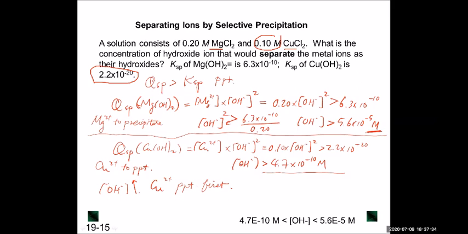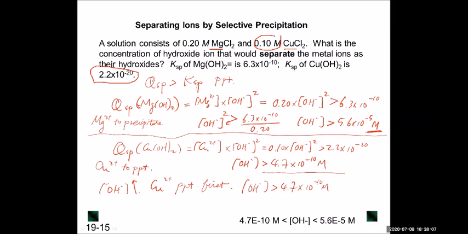And that's why the answer is we need to keep the copper, since copper precipitated first, let's make the copper precipitate. And that requires the hydroxide to be higher than this concentration, because as we calculated, when the hydroxide gets to this level, copper precipitates.